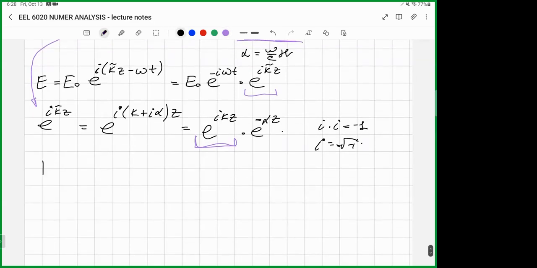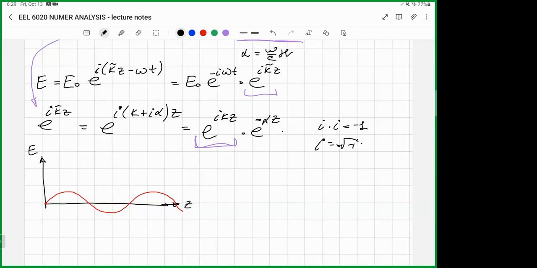Suppose I have a wave in free space, like this. So this is the electric field depending on the distance z in our case.